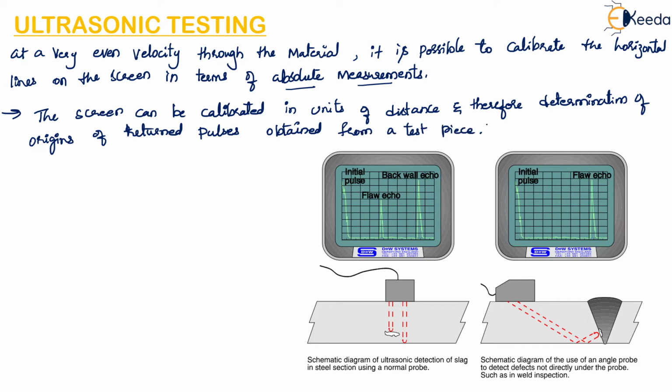So that is why it is not only possible to detect the defect which is present in the component, but also we can measure the distance at which this defect is present below the surface. So if this is the surface of the component, we can calculate this distance at which this defect is present.